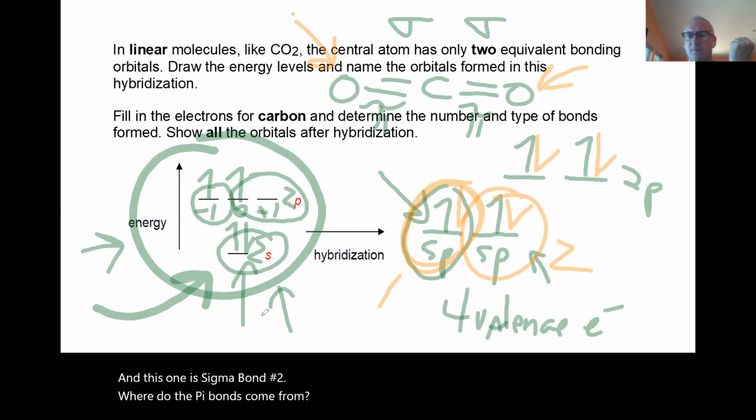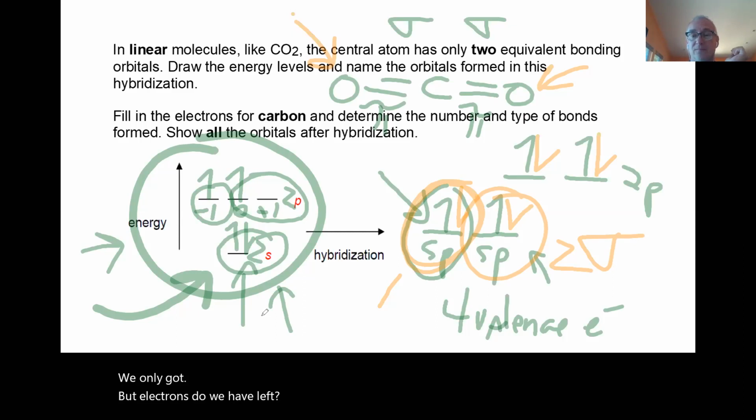So these are the sigma bonds here. Where do the pi bonds come from? Where are those electrons? What electrons do we have left?